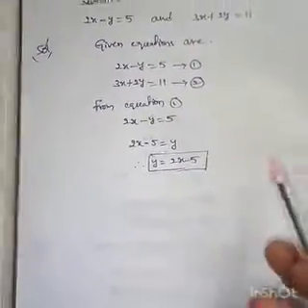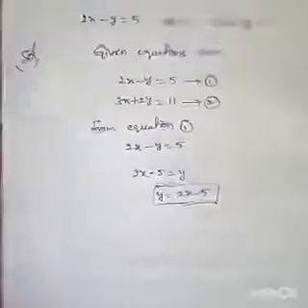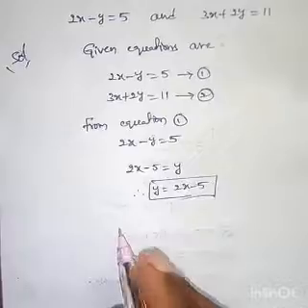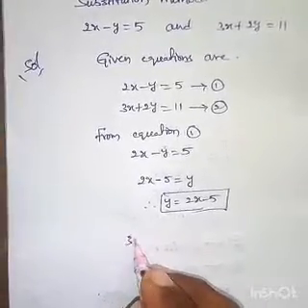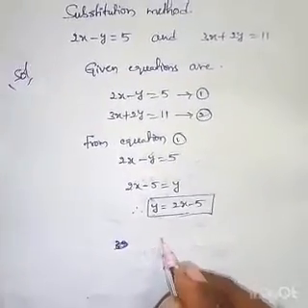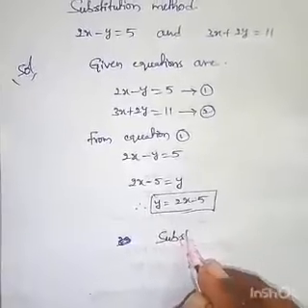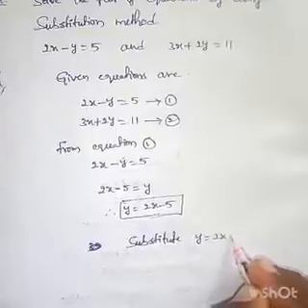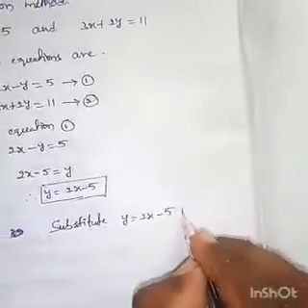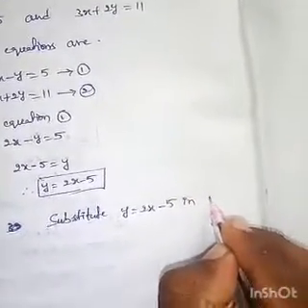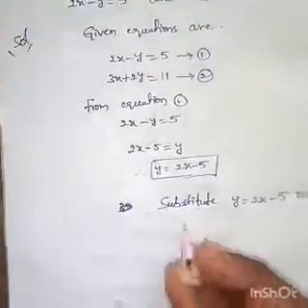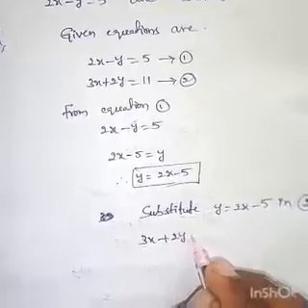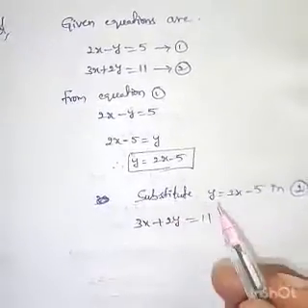Now substitute y equal to 2x minus 5 in equation 2. What is equation 2 here? 3x plus 2y equal to 11.